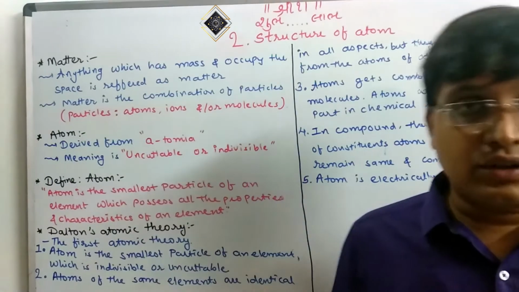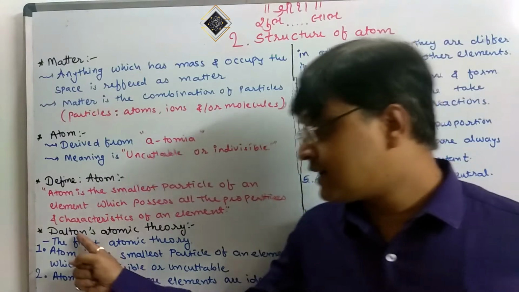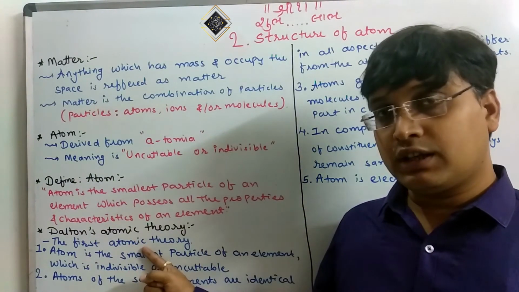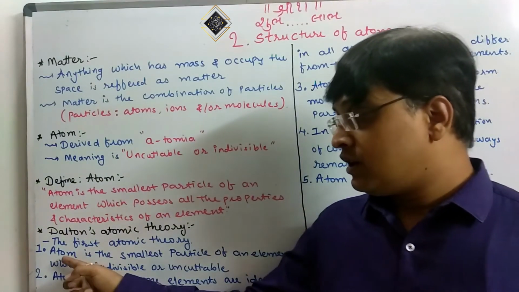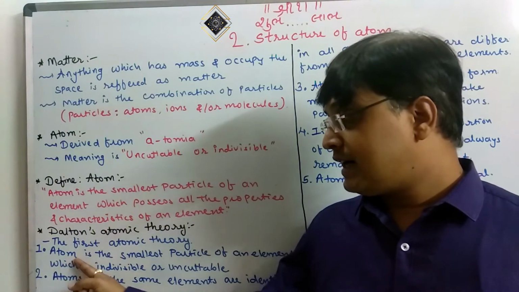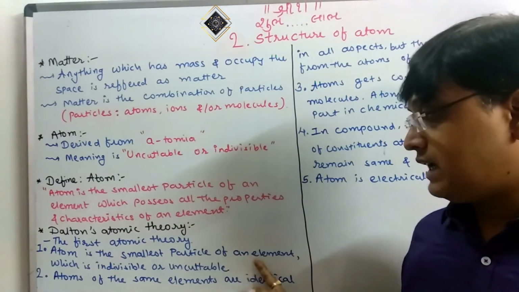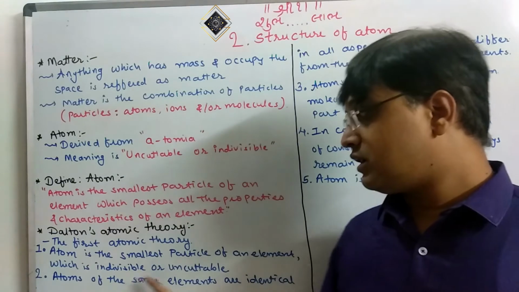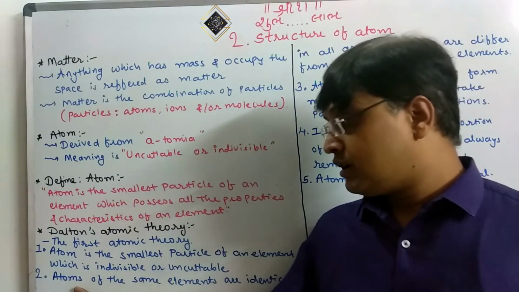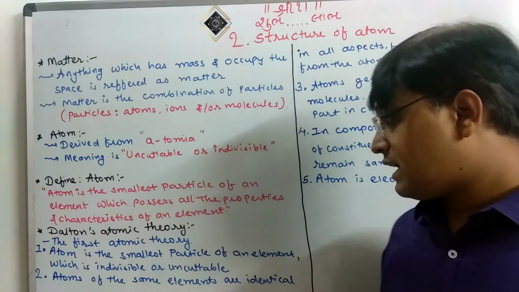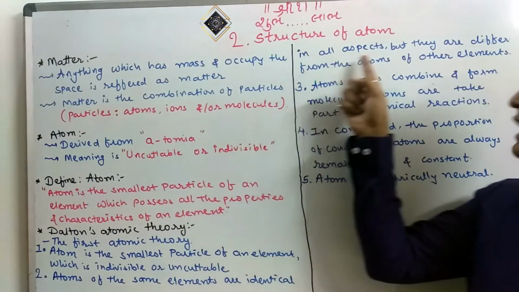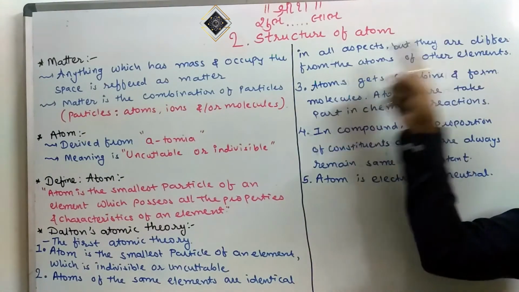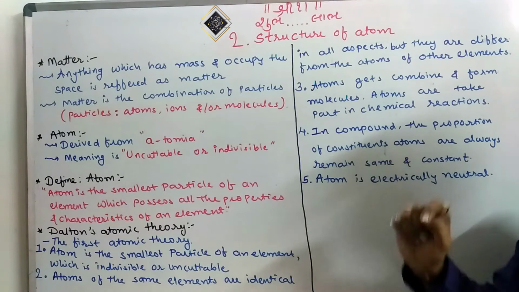Okay, let's revise the whole theory. Dalton's atomic theory, the first atomic theory, was given by Dalton. The important points: atom is the smallest particle of an element which is indivisible or uncuttable. Atoms of the same element are identical in all aspects, but they differ from the atoms of other elements.